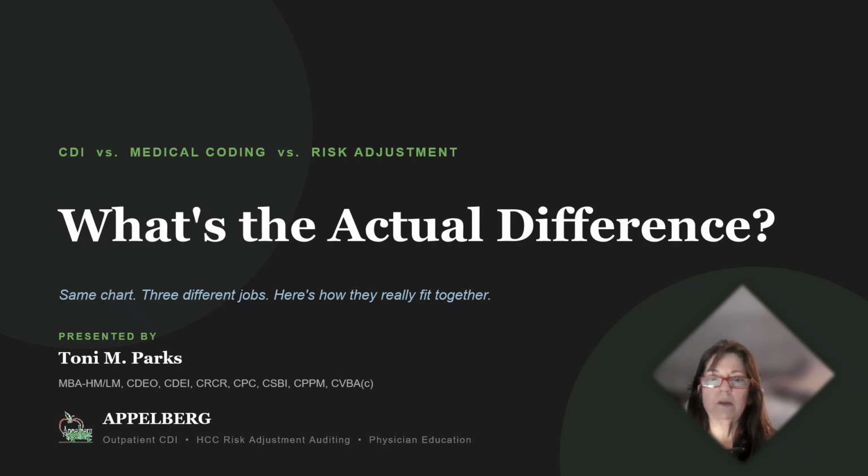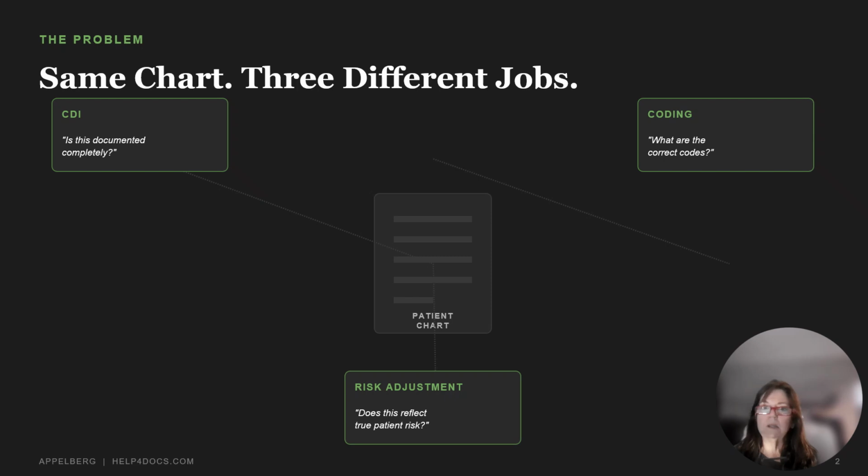Why does it matter? All right, so let's start with why this confusion even exists. All three of these roles, CDI, coding, and risk adjustment, are looking at exactly the same thing, sort of: the patient's medical record.